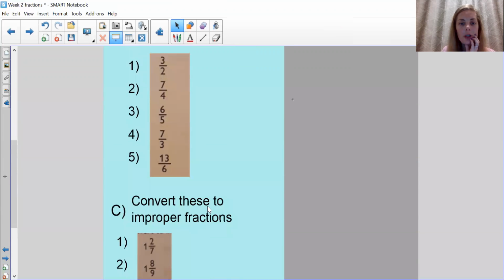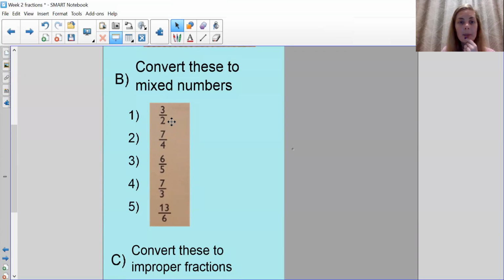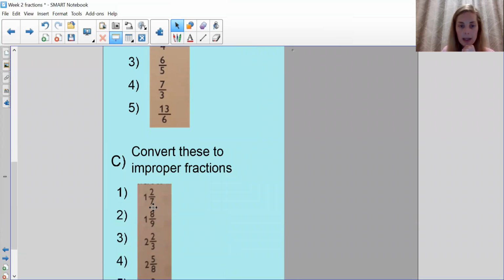So if you need to use those steps, remember to go back in the video and have a look. Remember when we're doing mixed numbers, we're saying 2 goes into 3, how many times, what am I left over? And when I'm doing improper, I'm going to say 7 times 1 plus 2, and that's going to be my numerator, and then leave the denominator the same, okay?